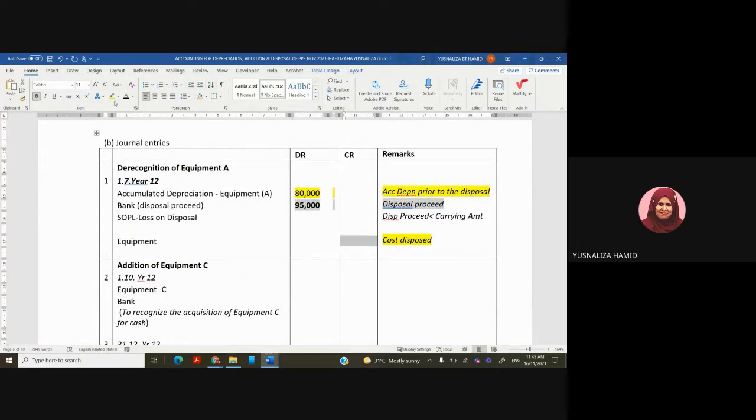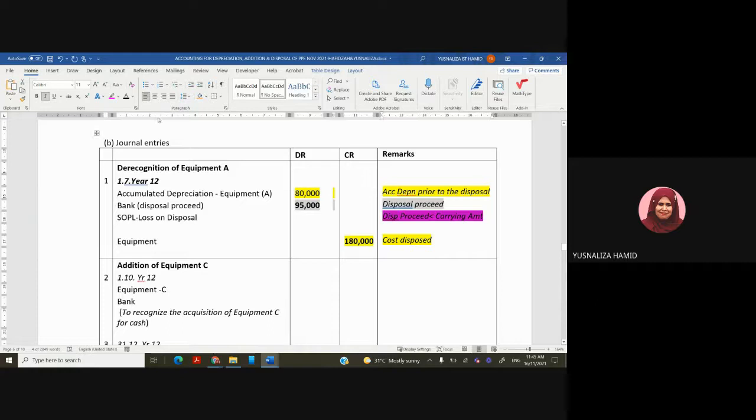So when you remove, that was the cost that you removed or eliminated, if you can still recall what I mentioned. And here you would see that the disposal proceed is actually less than the carrying amount. How do I know that?